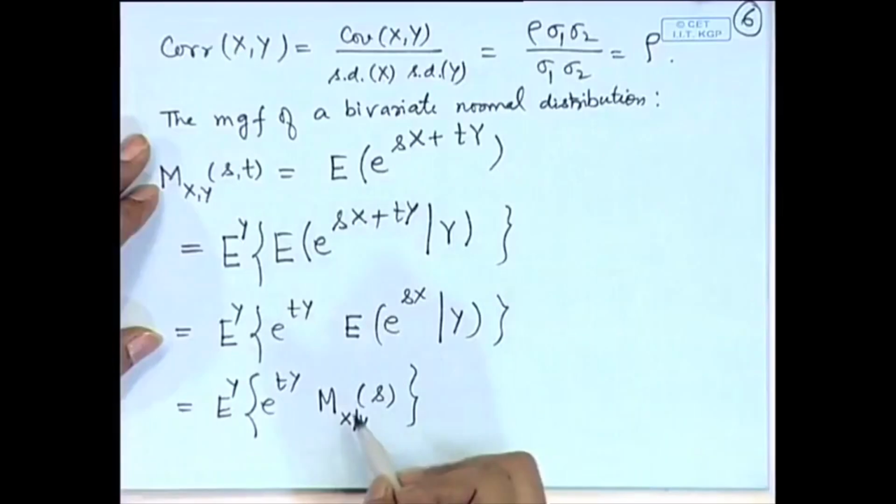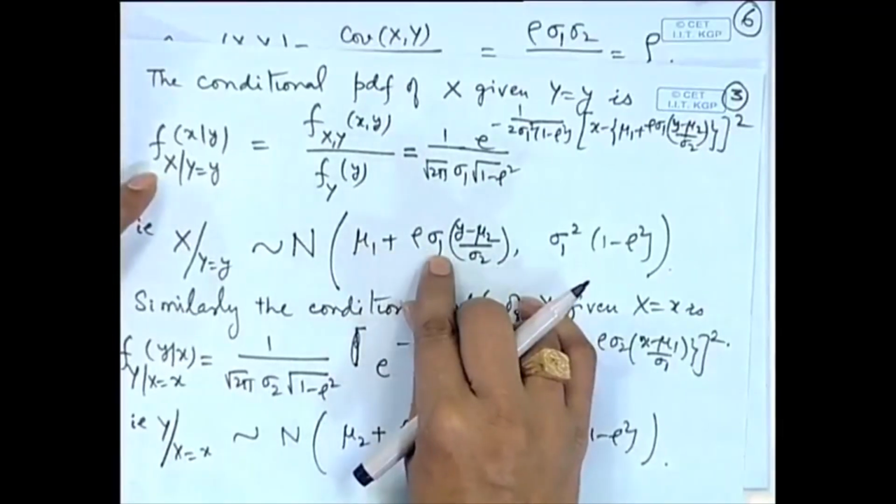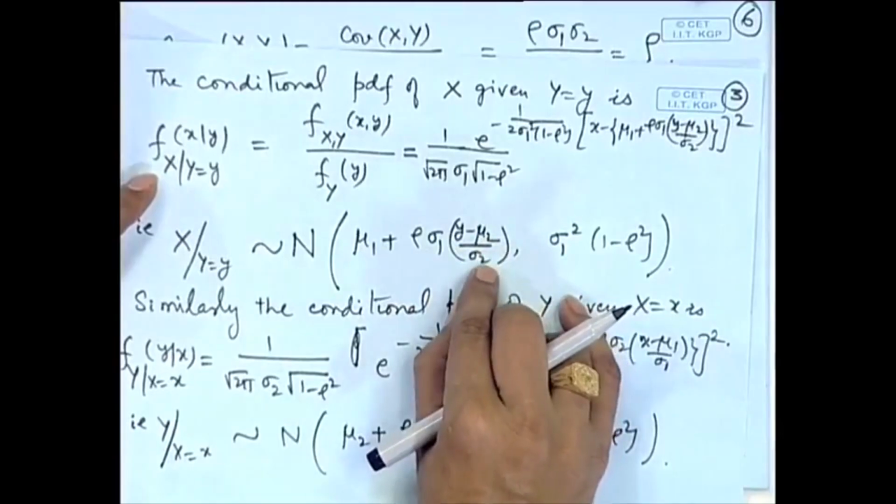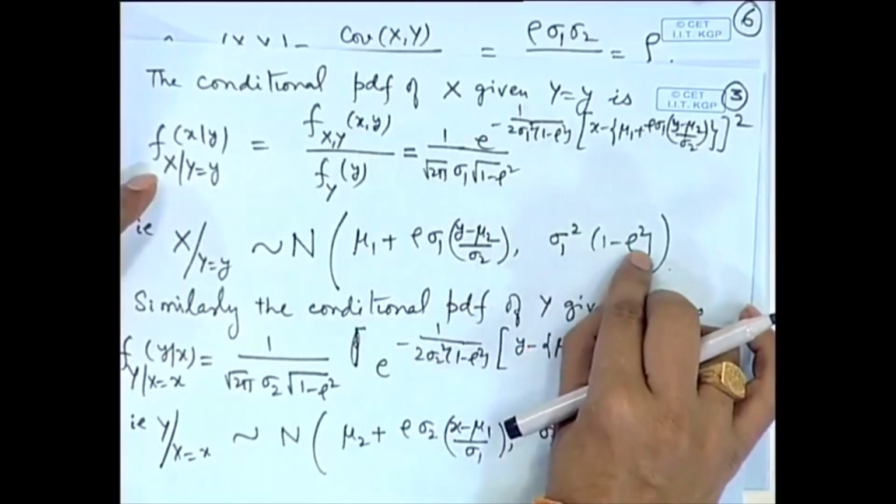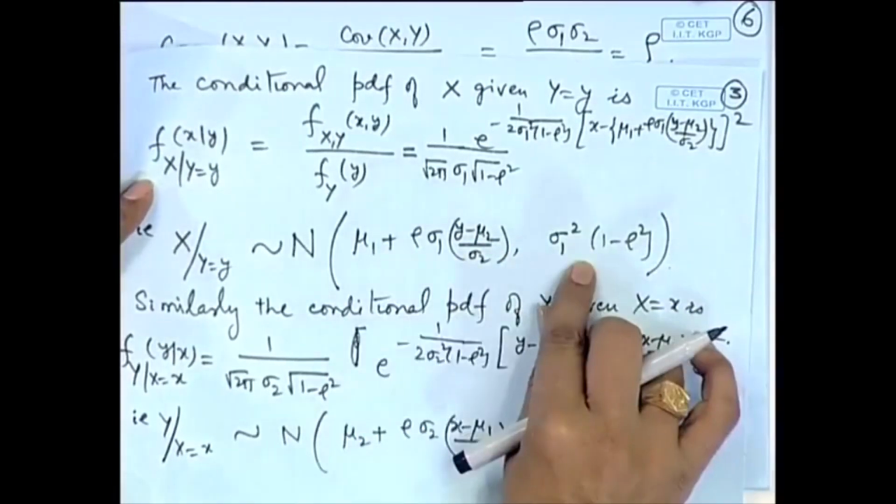Suppose the normal(mu, sigma square) distribution is there, then we have seen that the MGF is represented as e to the power (mu t plus half sigma square t square). So, here the point is s in place of t, and X given Y has the parameters mu 1 plus rho sigma 1 (y minus mu 2) by sigma 2, and sigma 1 square (1 minus rho square). So, we make use of this.